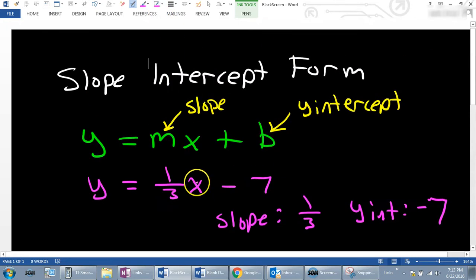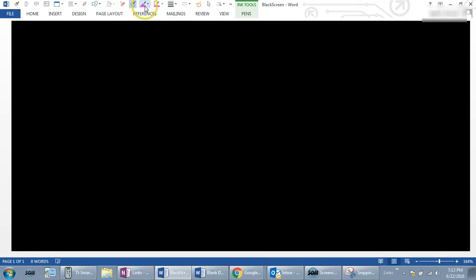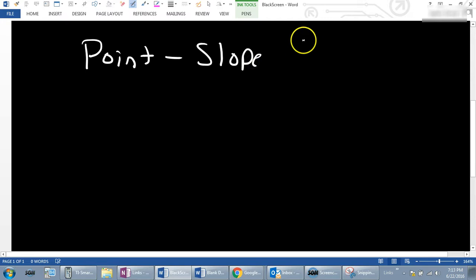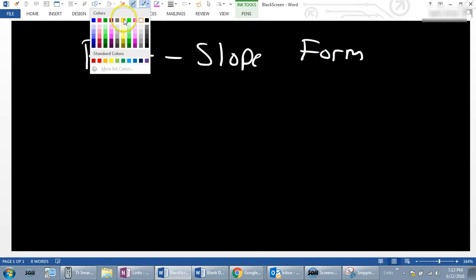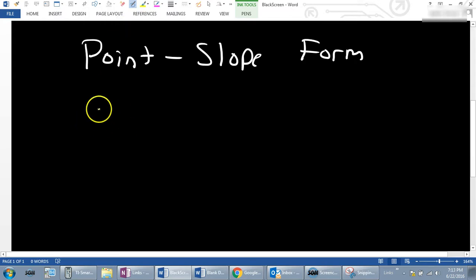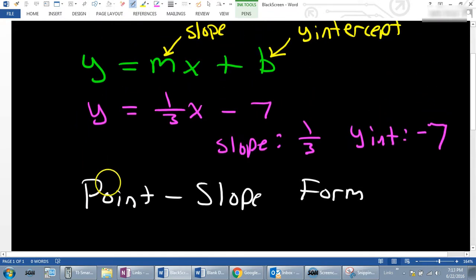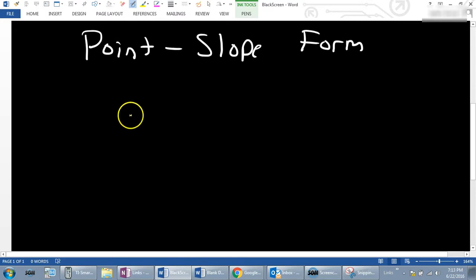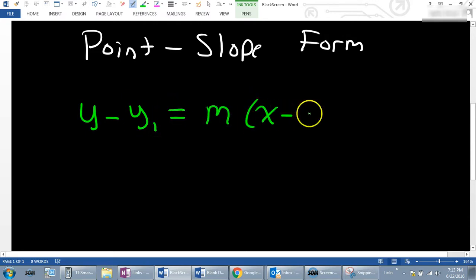Alright, now that was slope-intercept form. But there's another form that is called point-slope form. Point-slope form is y minus y1 is equal to m times x minus x1.